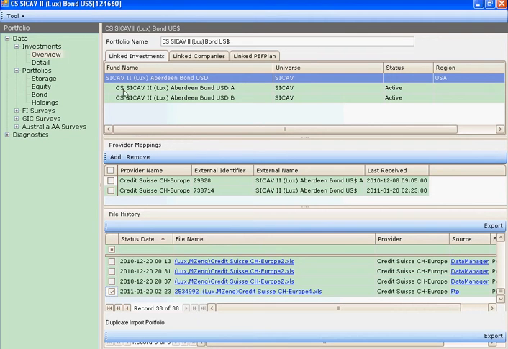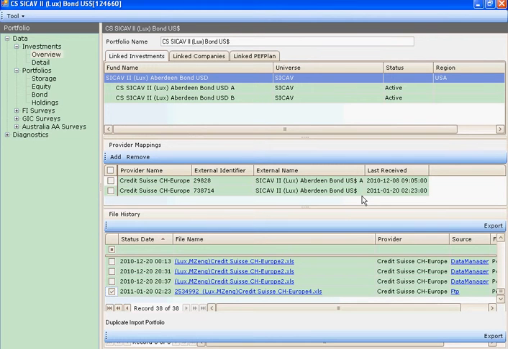Then we also need to check the profile mapping. Check this map. Please look at the profile name, external identifier, and external name.